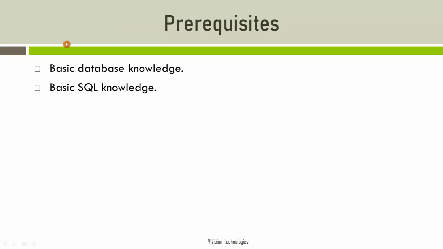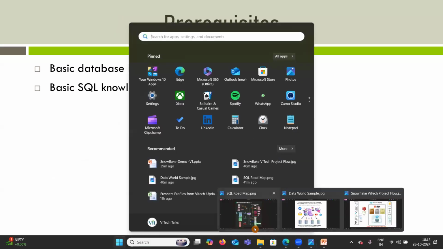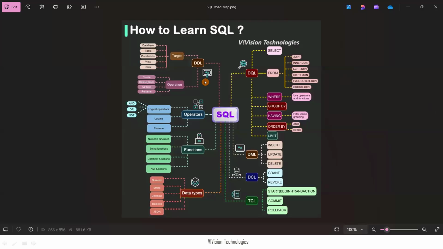So what is the prerequisite here? You need to have some knowledge of databases and basic knowledge of SQL. Even if you don't know, I'll teach you from the beginning. I have prepared course content for that. So here, in the first 5 days, you're going to learn SQL. What is DDL? What is DML? How are we going to create a database? How are we going to delete the database?